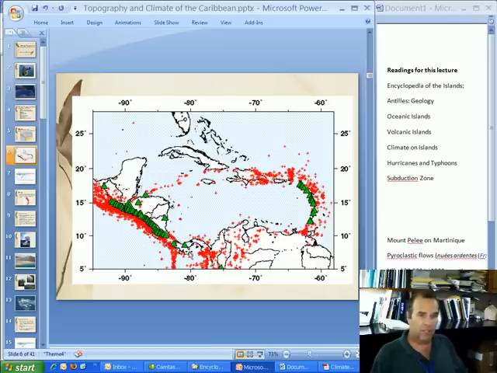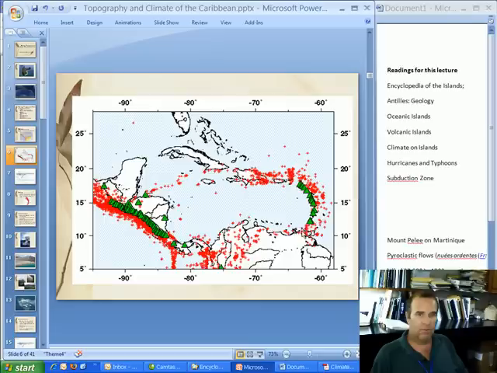The red crosses are earthquakes, and as you can see, the majority of earthquakes go around the boundaries of these plates. The boundaries of the subduction zones are fairly well defined by earthquakes, volcanoes, and so on, and part of the transverse faults are marked by earthquakes as well.